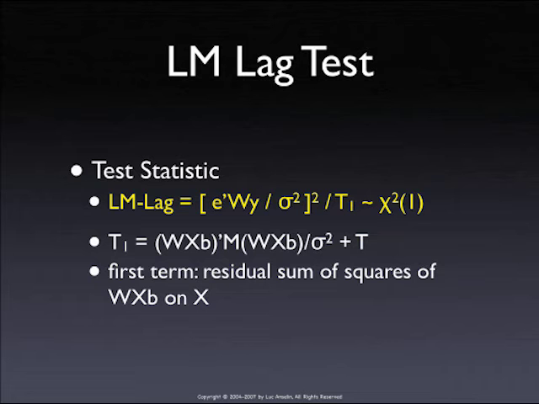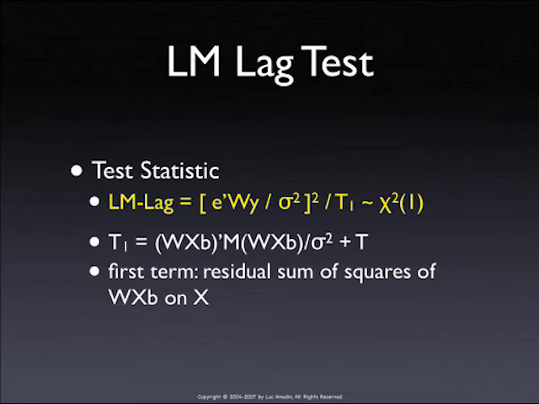And again, this is similar to a Moran's I, but now rather than having a cross product of the residuals only, we have a cross product of residuals with the dependent variable y. So we have this e prime Wy in there, and then we have a different correction. The T1 still has the trace expression in there that we just talked about, but it also has this other thing which looks formidable, but it's a residual sum of squares of the spatially lagged predicted values on the original x variable.